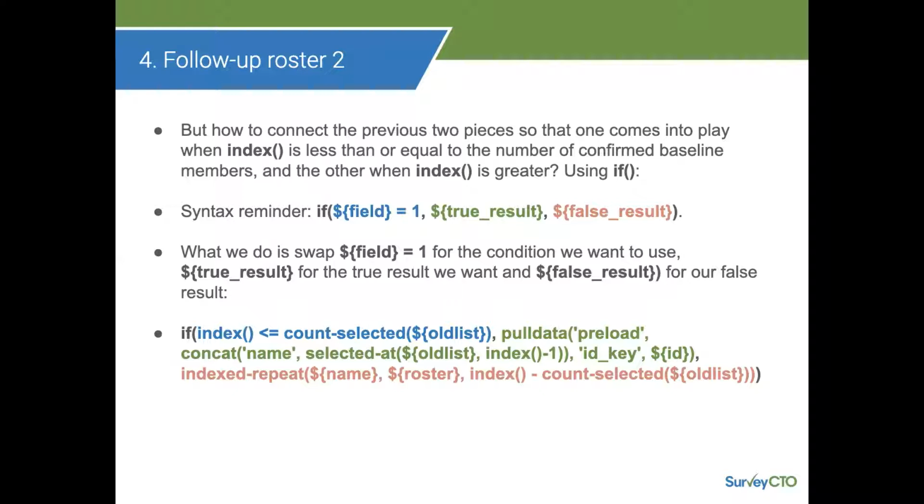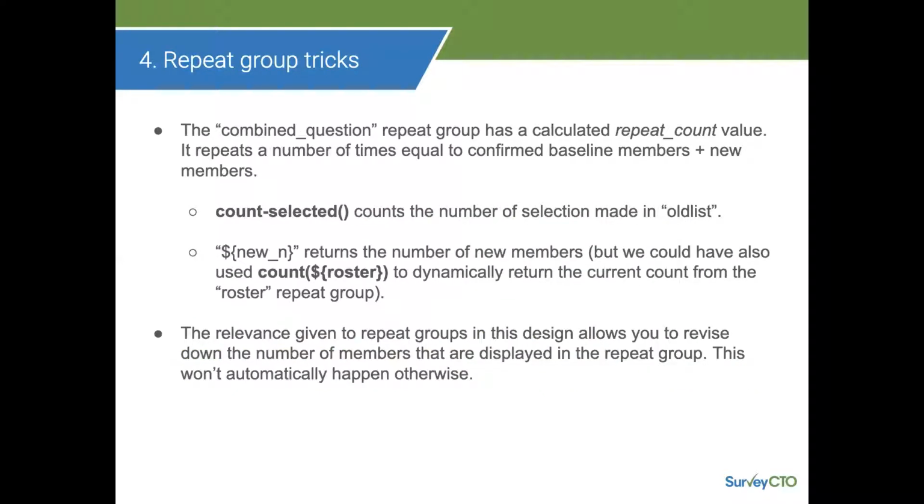So that is what's going on inside that last repeat group. Just a little more on that last repeat group. The repeat group has a repeat count that is calculated.